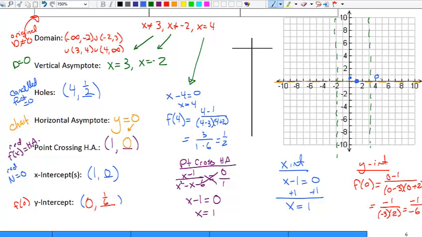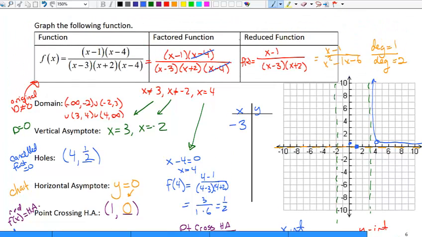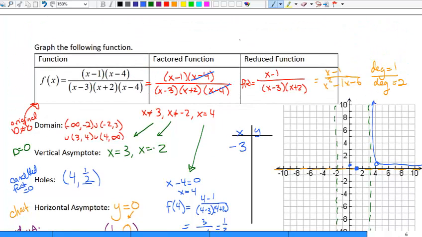So on the branch to the right of the vertical asymptote at 3, we know that because there's a hole up here, that means the rest of the branch has to get close to the vertical and horizontal asymptotes. So that branch is all done. But I need to understand more about the left side of the branch, so the part that is left of -2. So I'm going to pick something less than -2. I guess I'll pick -3. So what I'm going to do is find f of -3 in the reduced function.